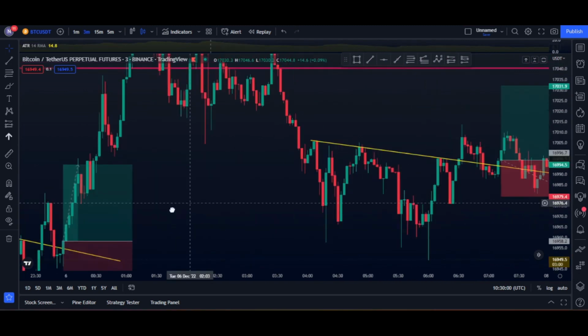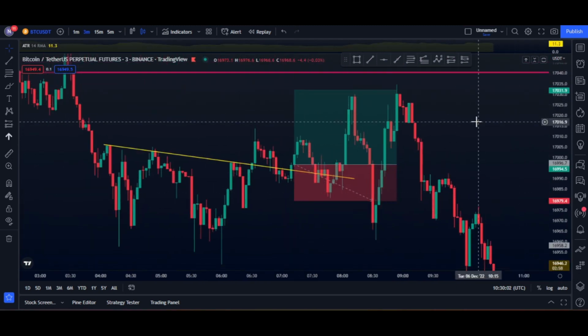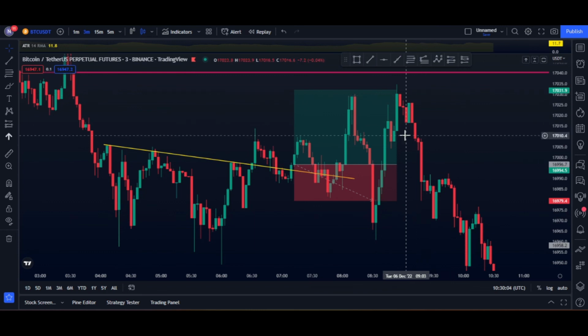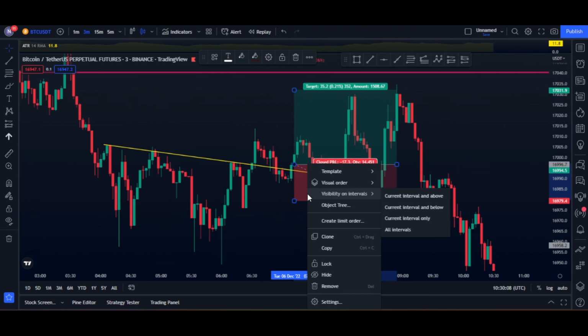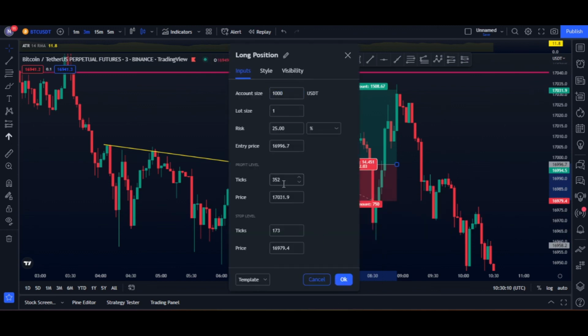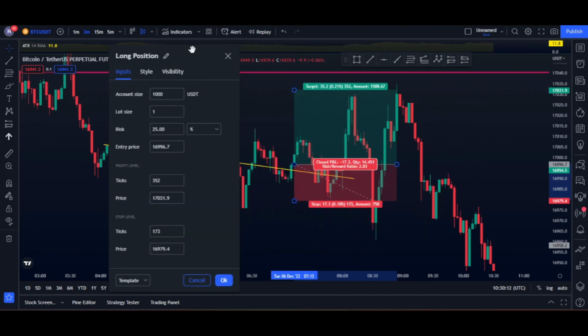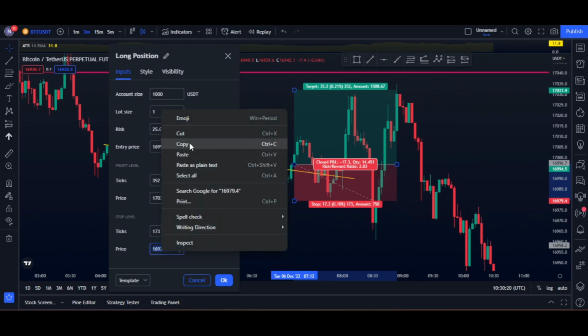But yeah, that is just how you can take your stop loss. If you don't know how to get the value, you can just click on your toolbar and then click on settings. You can see here the price where your stop loss is located here. I normally just copy paste this one.